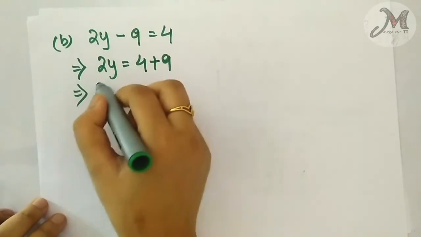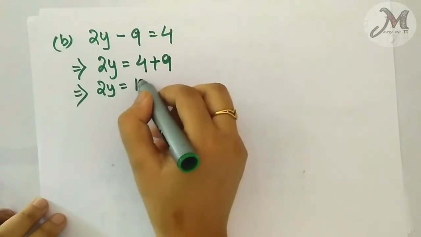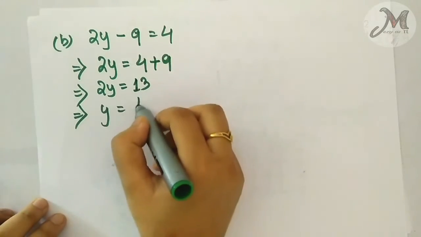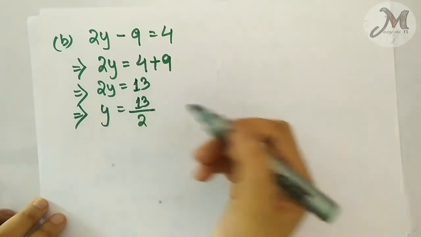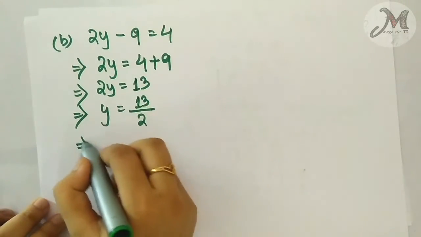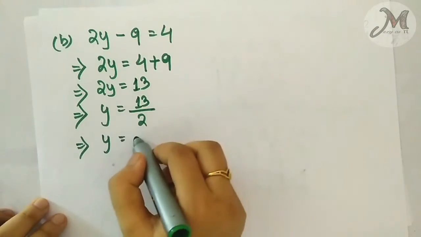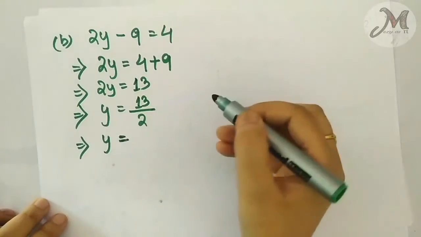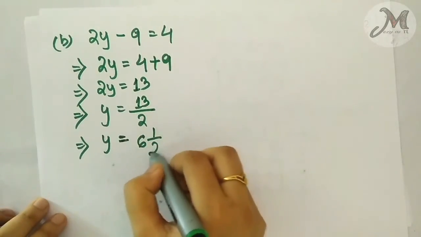Next step, so 2y is equal to 4 plus 9, and 4 plus 9 is equal to 13, right? Now y is equal to 13 by 2. Why? Because 2 will be transposed to the right hand side. Now y can be written as 13 by 2, or we can express this improper fraction as a mixed fraction. So y can be written as 6 whole 1 by 2.